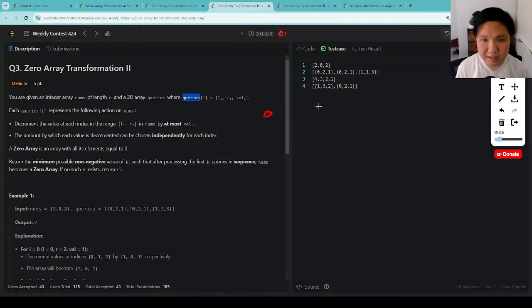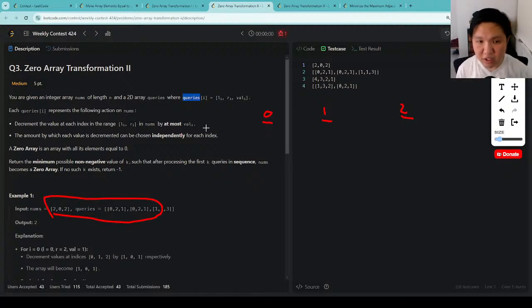So the idea is very similar to the first one. Let's use this example. The idea is very similar to the first version, except that this time you don't just keep track of the value that you can increment or decrement.